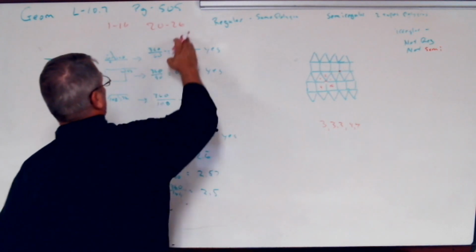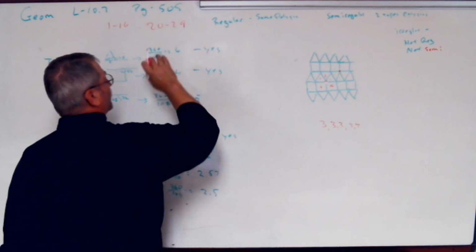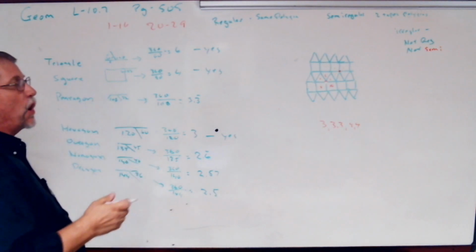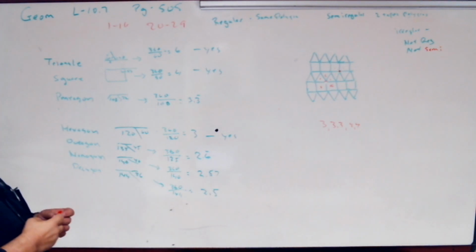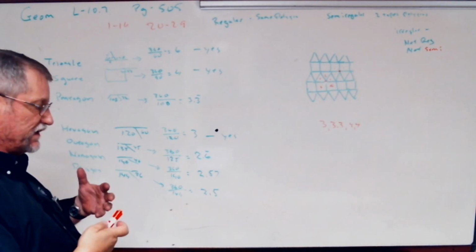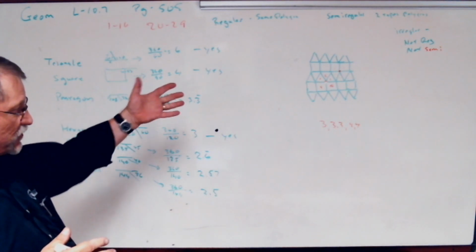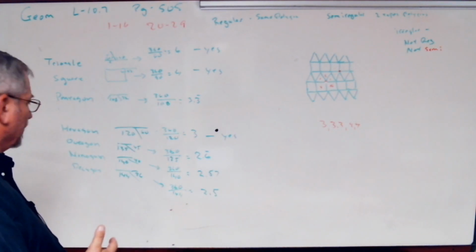Sorry, 20 through 29. There's not a lot of math. There's a lot of drawing on here. And please, try to make your drawings as accurate as possible. Try to use some logic in your drawings, okay?